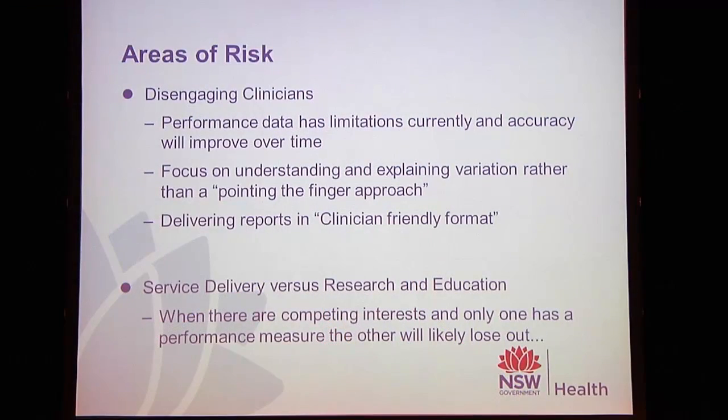We understand that the data systems are going to be imperfect, and it's going to take a while to get them right. So we need to not make any slap decisions based on the data, particularly while we're getting it right. And we need to avoid the finger-pointing or blame approach where we're asking people to explain this data when in fact it wasn't correct.